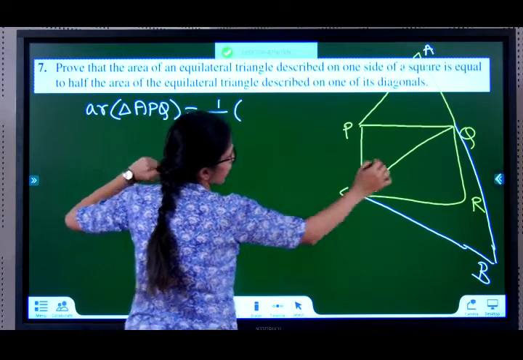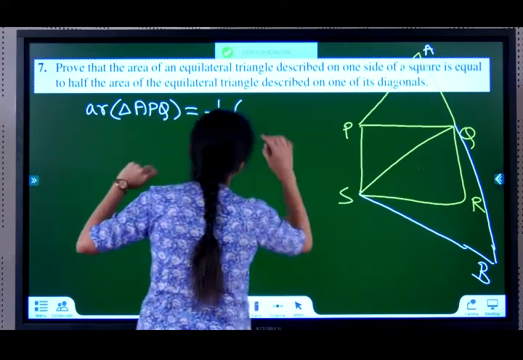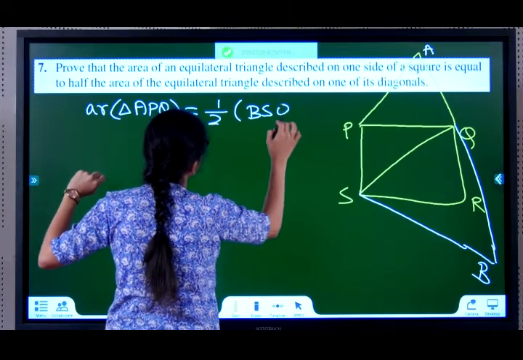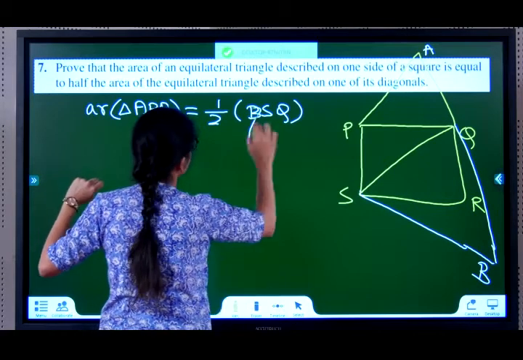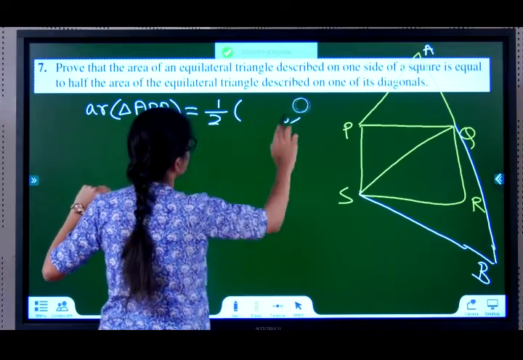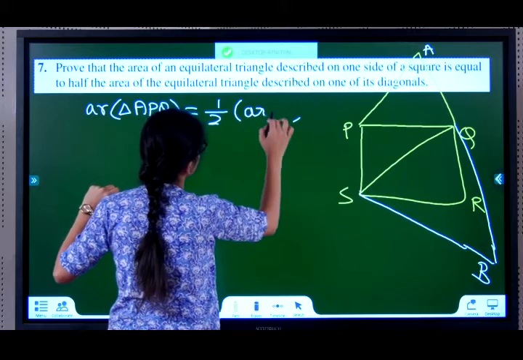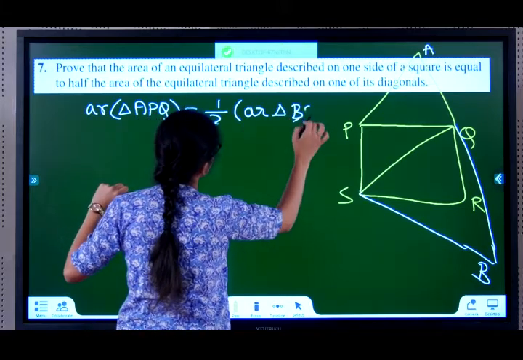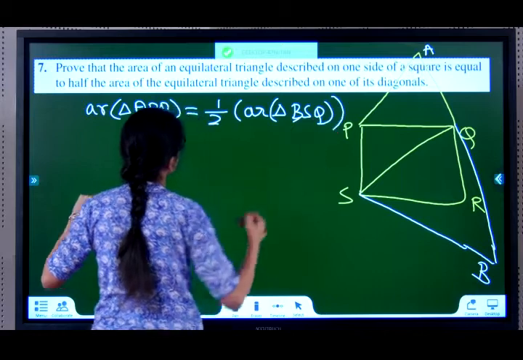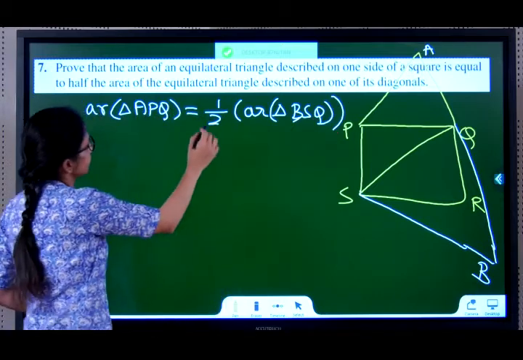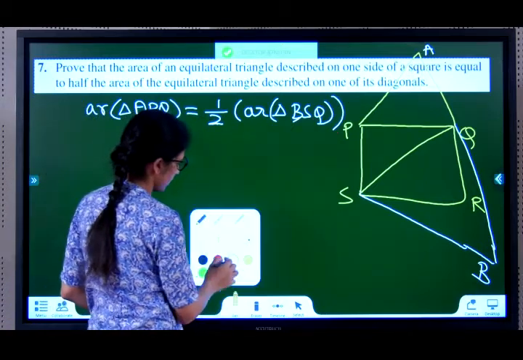Diagonal we can name it as this SQB or BSQ. Half the area, right? Okay.